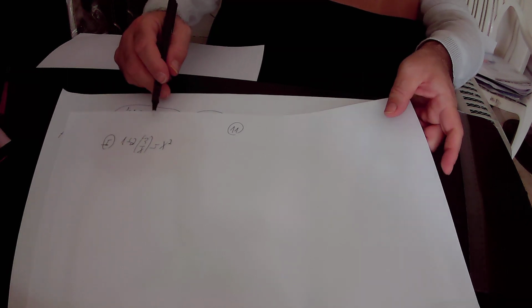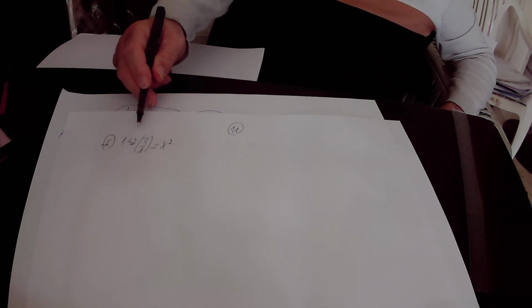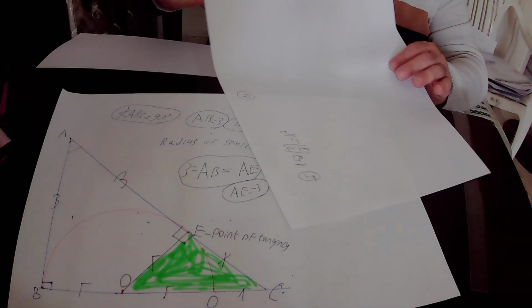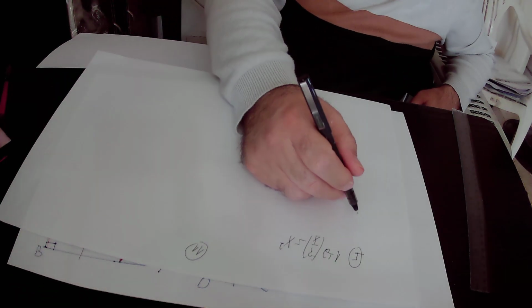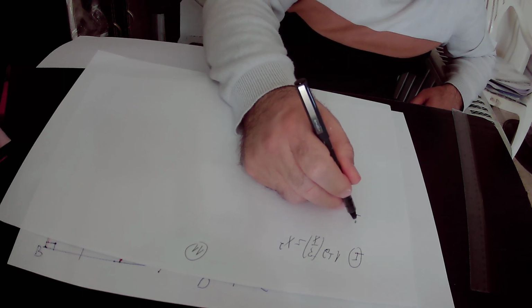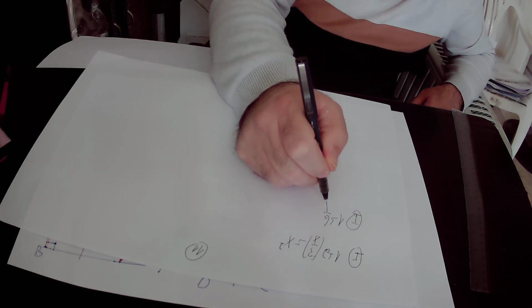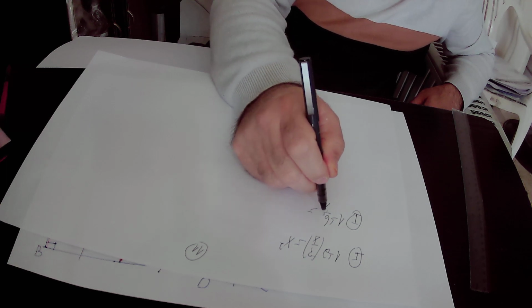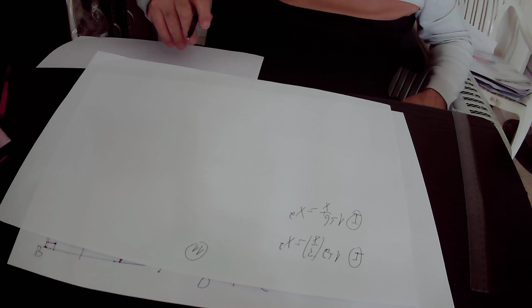After we substituted R by 3 over x, we got this expression. So here 2 times 3 is 6, so we write it down. 1 plus 6 over x equals x squared.